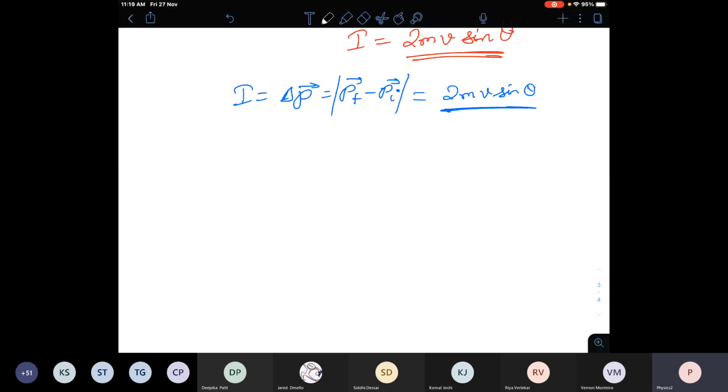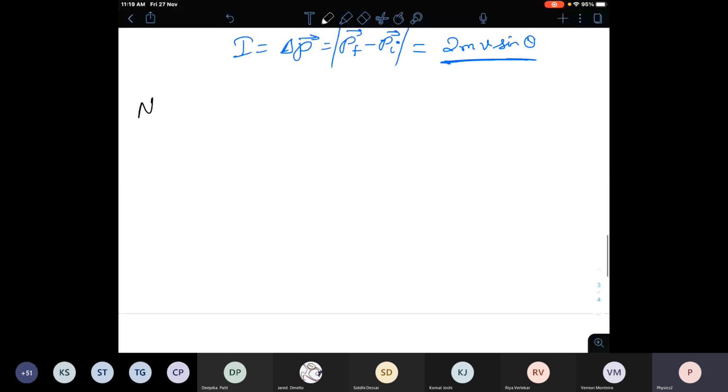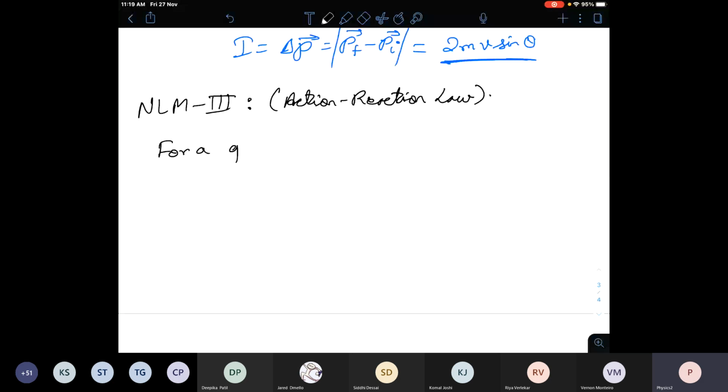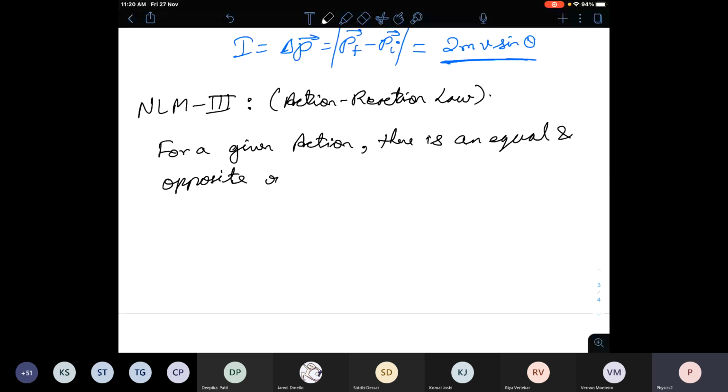Let's move on to third law, NLM 3, also called the action reaction law. Everybody knows the statement: for a given action, there is an equal and opposite reaction.